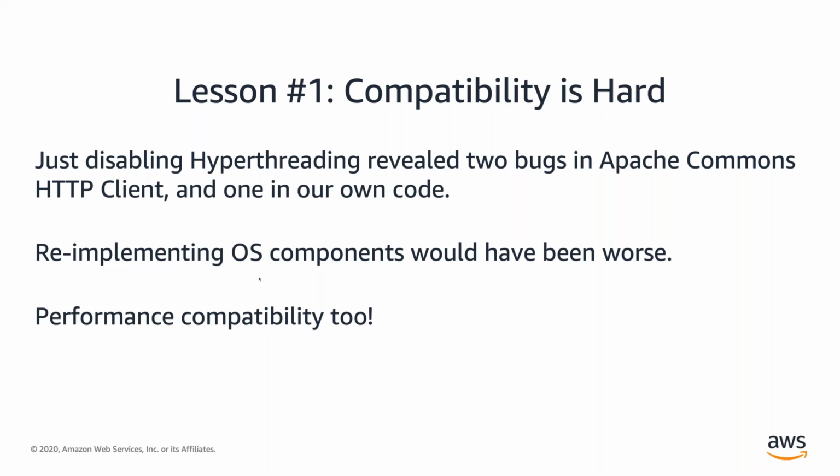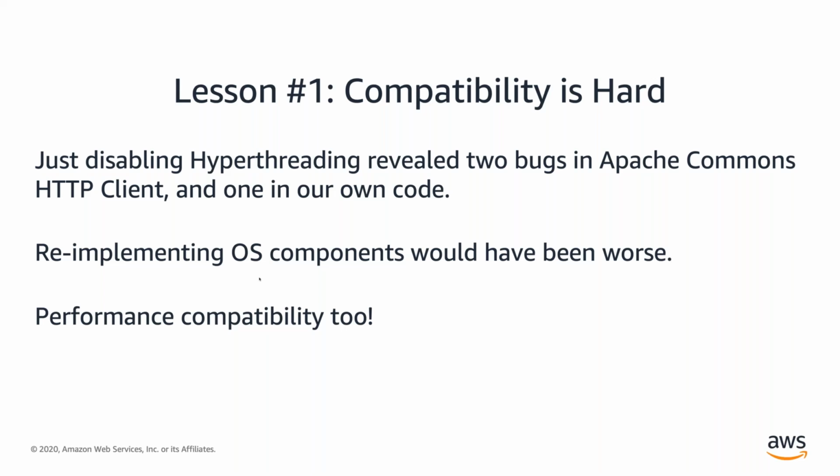Relatively tiny changes, like we changed our legacy stack, which was just running on EC2 instances, to our Firecracker-based stack for Lambda. And on the Firecracker side, for security reasons that we discuss in the paper, we disabled hyperthreading. And just disabling hyperthreading revealed two concurrency bugs in Apache Commons HTTP client, and one in our own SDK code.